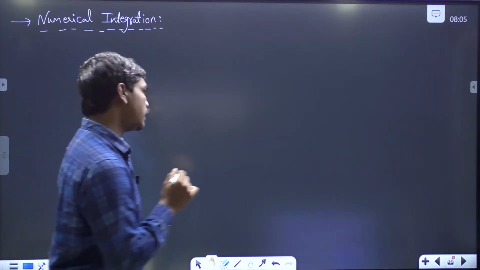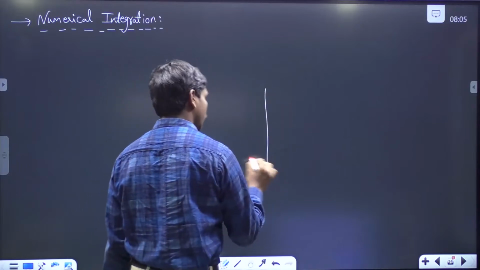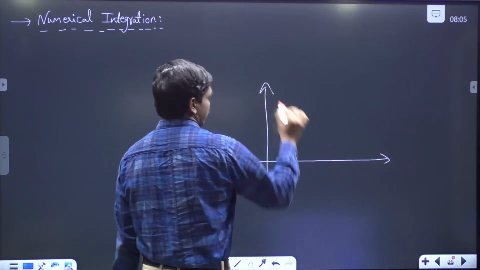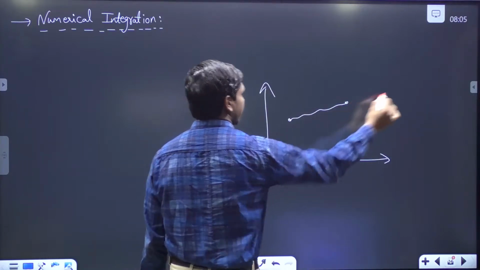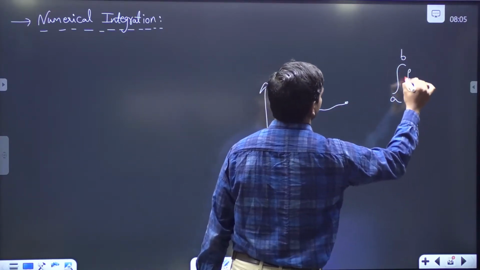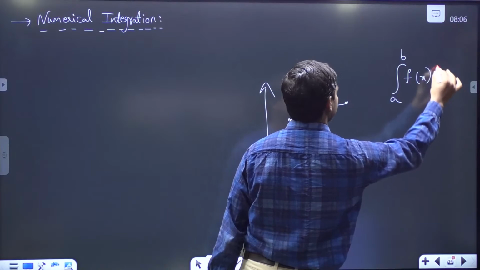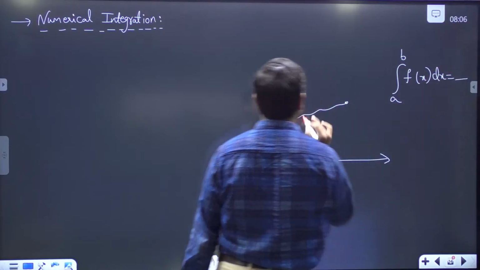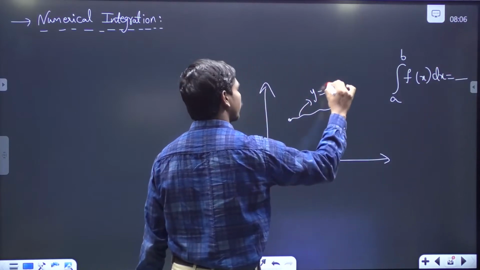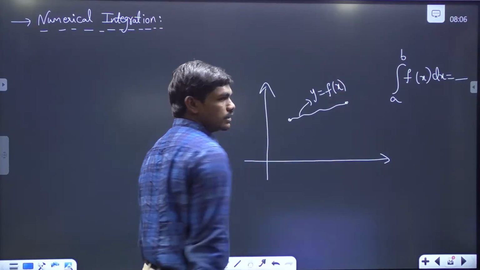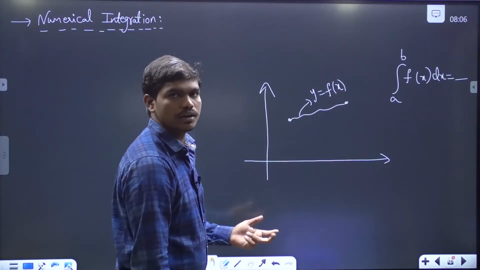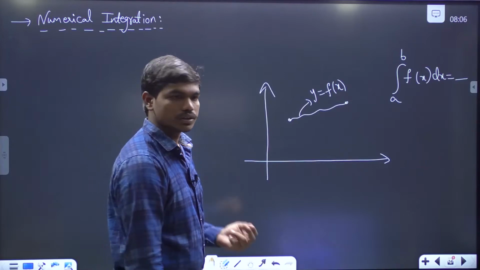So basically, if there is some complex function for which we want the direct integral from a to b of f(x) dx, of course this function is continuous and differentiable, no issues. But if the equation of the curve y = f(x) is complicated, then we'll generally go for numerical integration techniques, because of substitution.